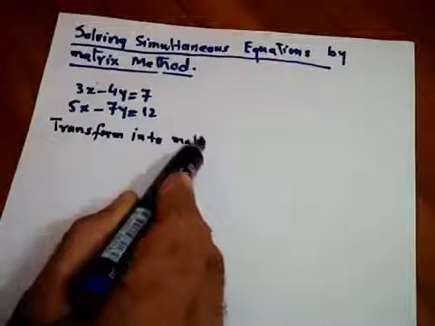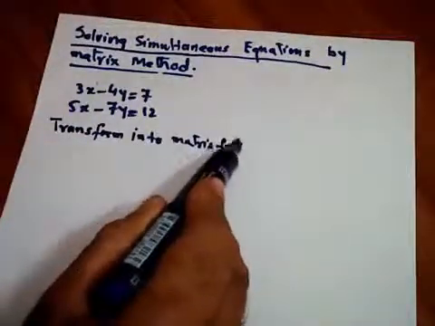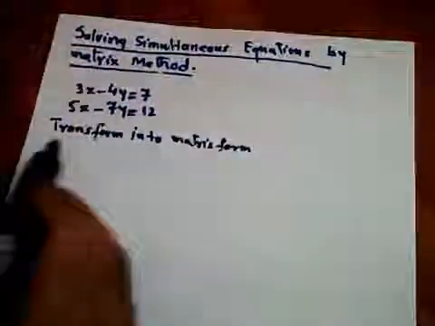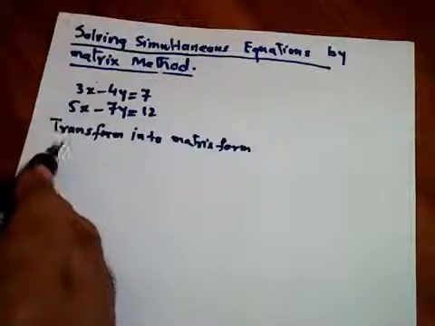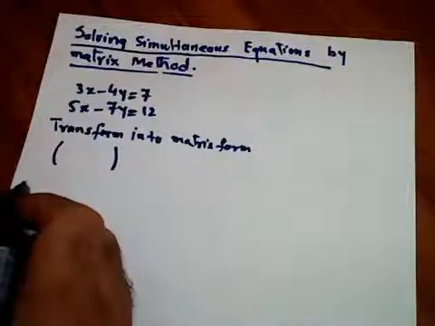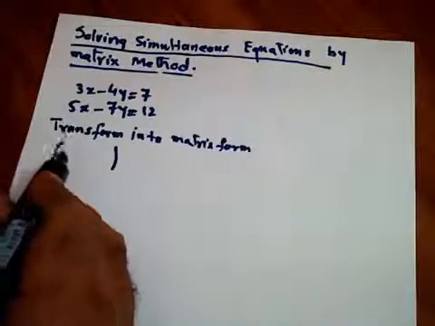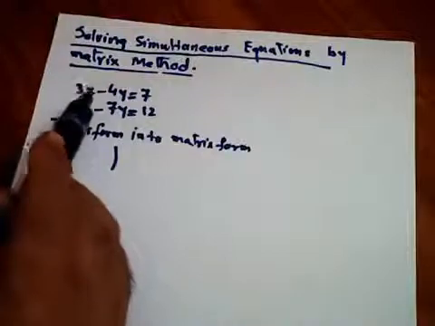In this case the coefficients of x in both equations are 3 and 5. So write in the first column 3, 5, leave some space for the second column and write -4, -7. In the first column are the coefficients of x, and in the second column we have the coefficients of y.